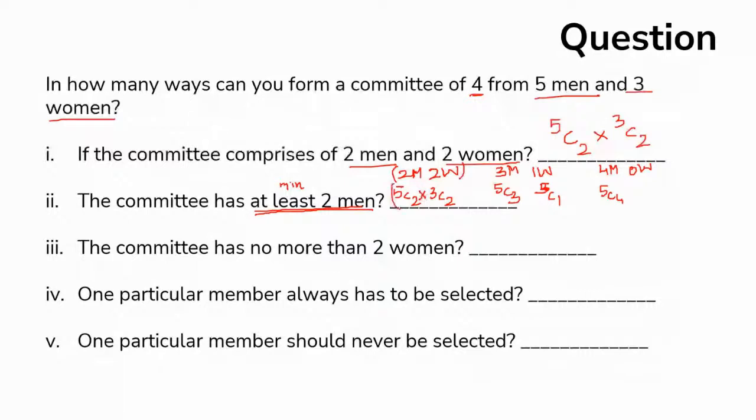And once again here also they need to form a four-member list, so between them we multiply. And either this can happen, or this can happen, or this can happen. So in such cases we add the values.